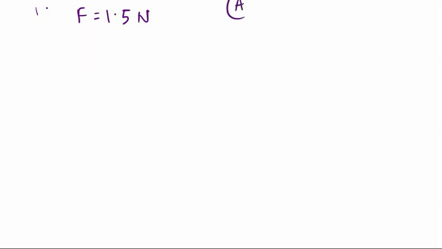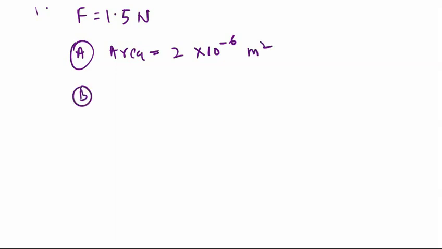So for nail A, the area is equal to 2 millimeters squared. So we'll make that into 2 into 10 to the minus 6 meters squared. And for B, the area is equal to 6 into 10 to the negative 6 meters squared.